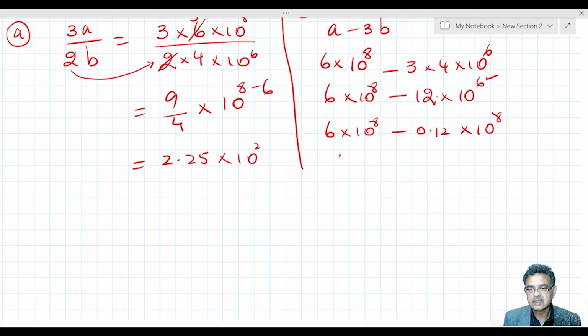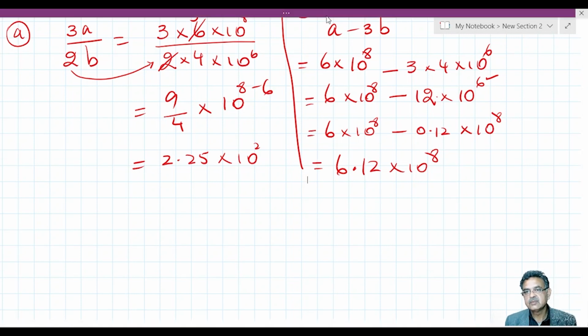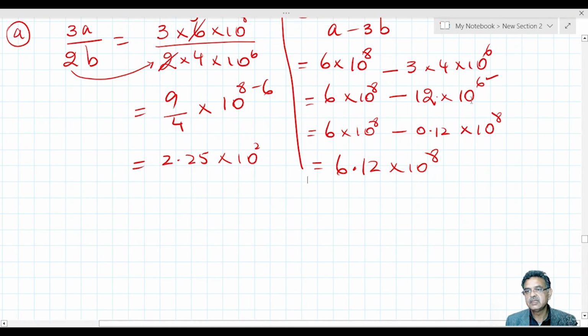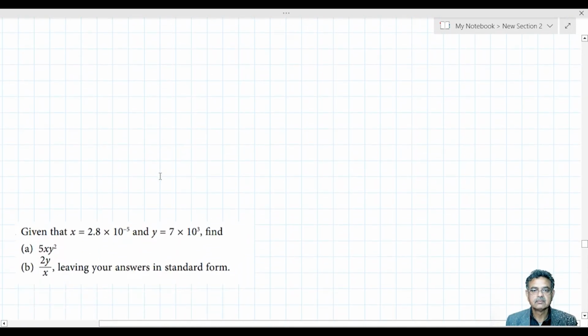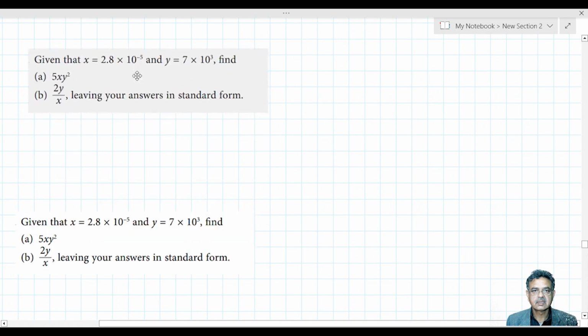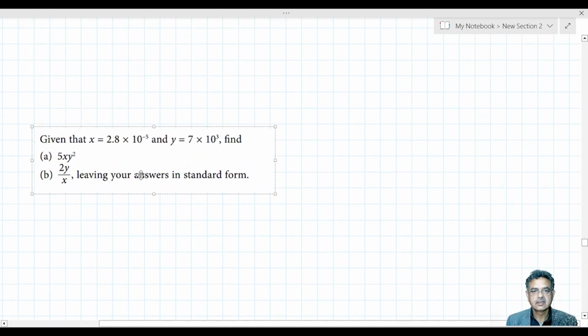Now I think I can write it directly, 6.12 into 10 to the power 8. So this way it becomes easier if you make equal powers, but equal powers in a way that the smaller power should be enlarged. Okay, next, this question.